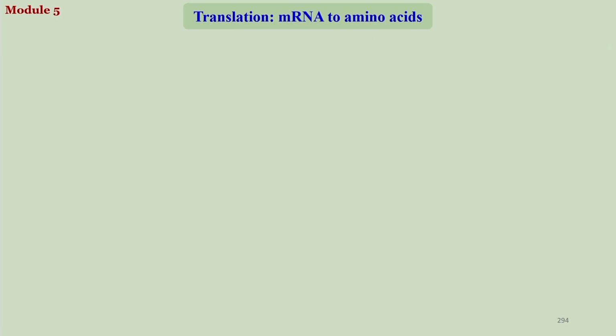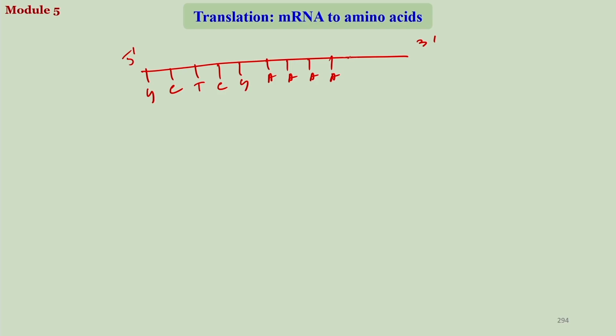If you have a sequence, maybe DNA, maybe RNA, let us fabricate a sequence: G here, C here, T, C, maybe G, and then A, A, A, A, A, and here.